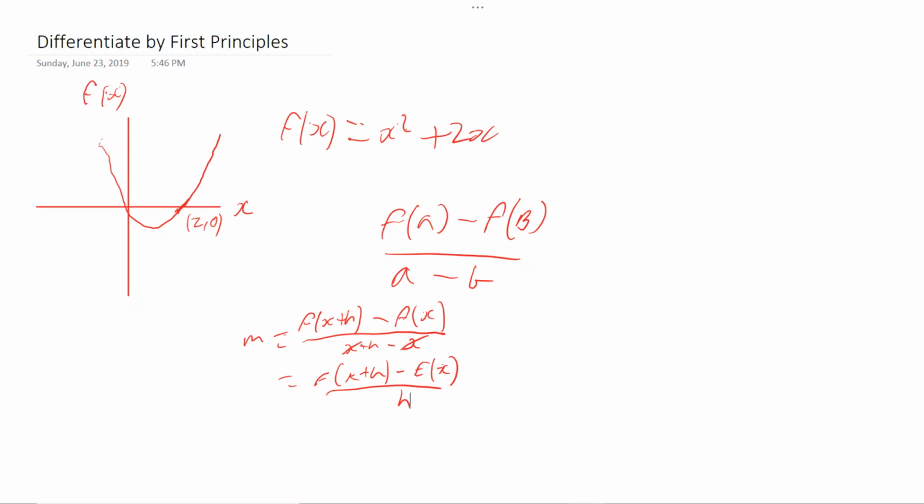So if we were to use it for this equation, f of x plus h equals x plus h, whole squared, plus 2x plus h, which equals x squared plus 2xh plus h squared plus 2x plus 2h.